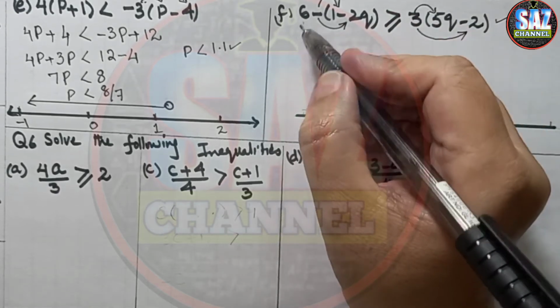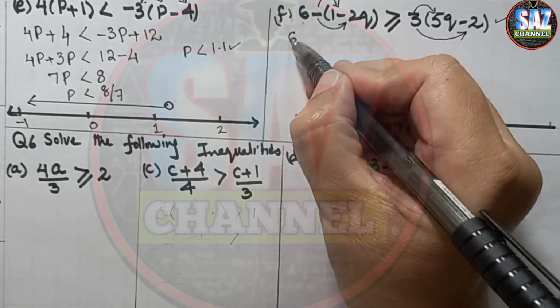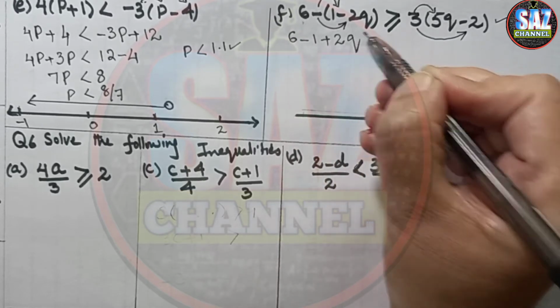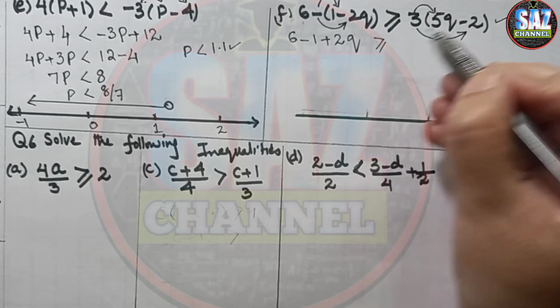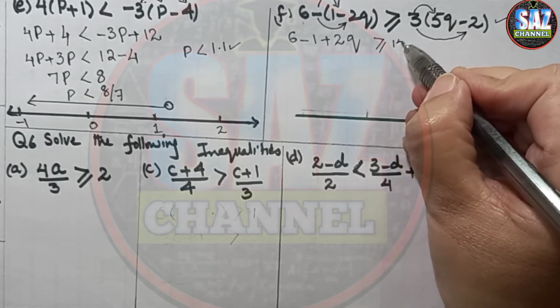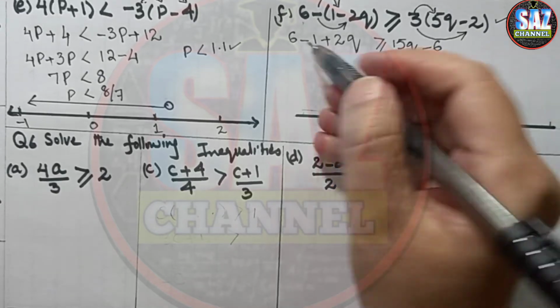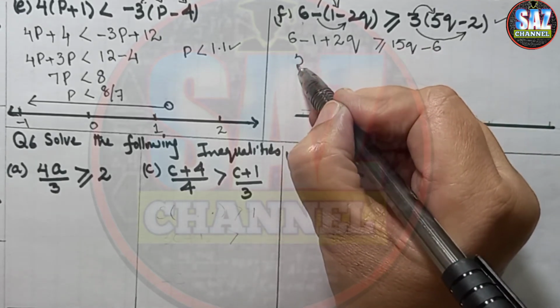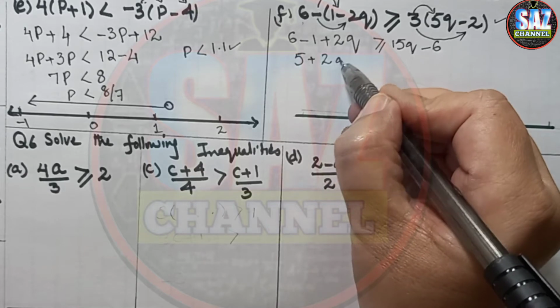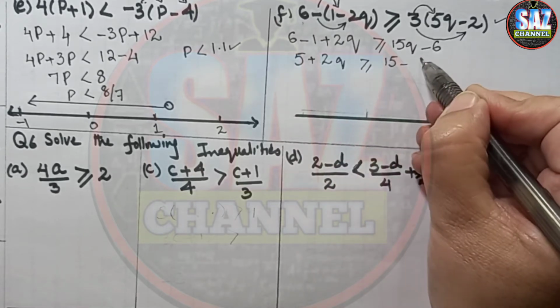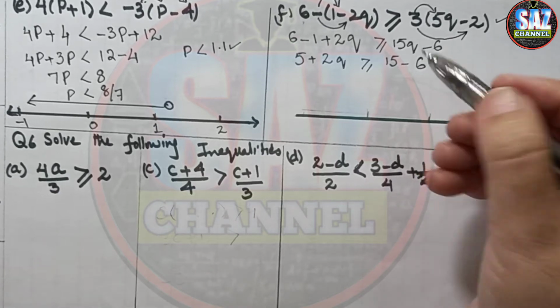So my inequality will take the form 6 - 1 + 2q. Do not forget the rules of integers. This side will be 3 times 5 is 15q - 6. Now 6 - 1 is 5, plus 2q ≥ 15q - 6.